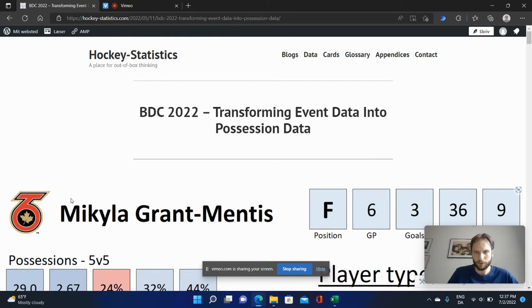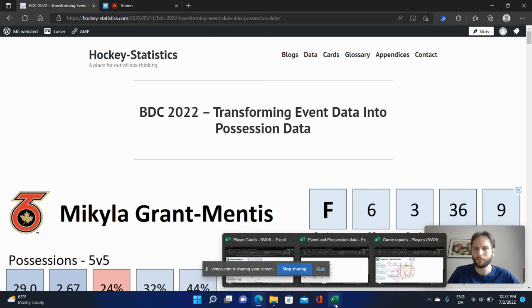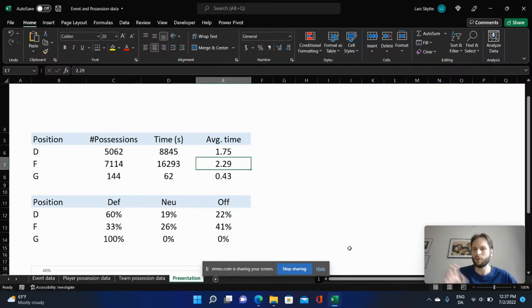But go read the project and I'll talk about it a bit more. Instead of looking at things in a PowerPoint presentation, I'm just going to show it directly in the spreadsheet. I think that's easier to understand this way. The first thing I did was compare possession times for forwards versus defenders.